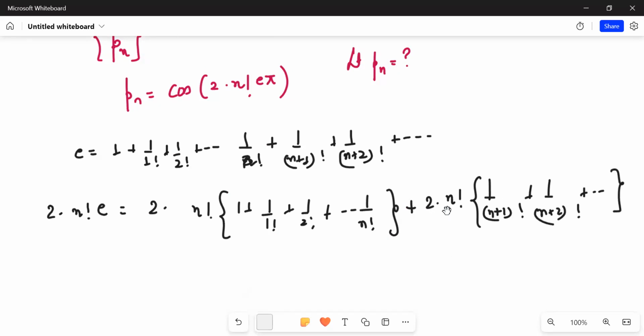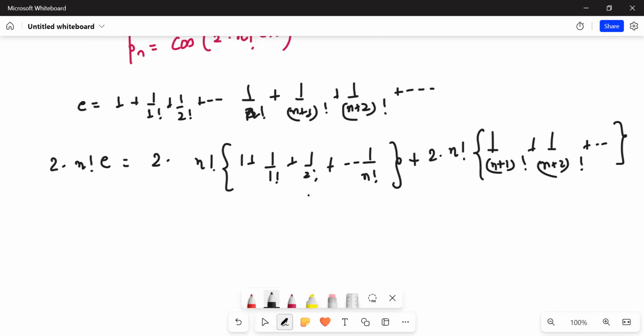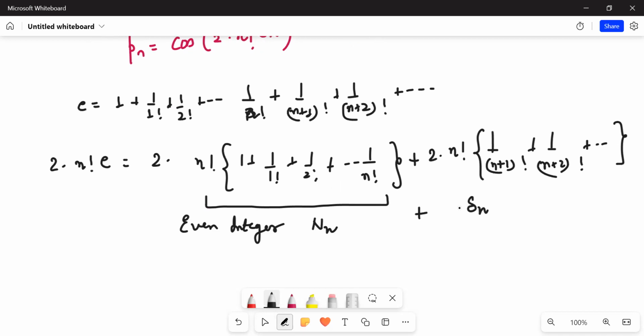Now just think about this. Is it not an even multiple of an integer? When n factorial multiplies with this, this is an even integer. I'll write it as some Nn. So this is an even integer plus some remainder term, which I'll write as del n.